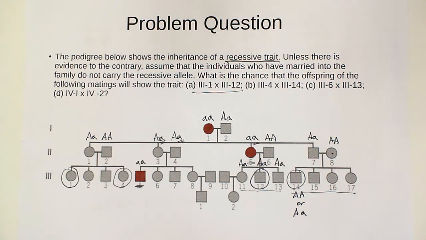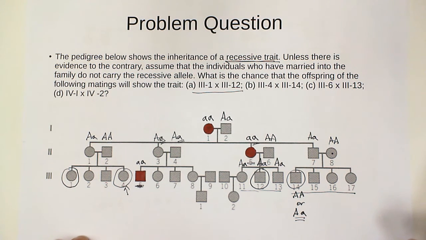Again, the probability of producing a child with a little a is going to be 1/4, and then you need to find out what is the probability of this person being big A, little a, which is what we already calculated for this individual here, the same probability. And then you need to find out what is the probability that this individual, 14, is big A, little a, which again is the same as this. So it becomes actually a very simple calculation at that point.